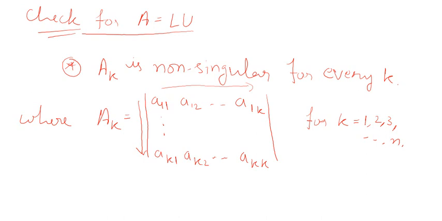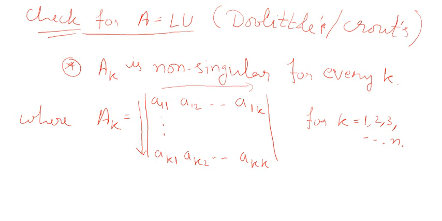For a non-singular matrix, if all leading principal minors of order k are non-singular, then you will proceed for finding the Doolittle decomposition or Crout decomposition. That's for the check.